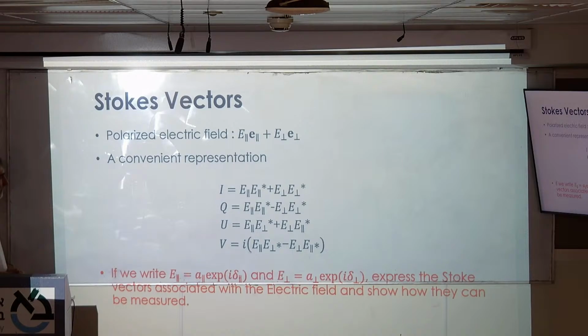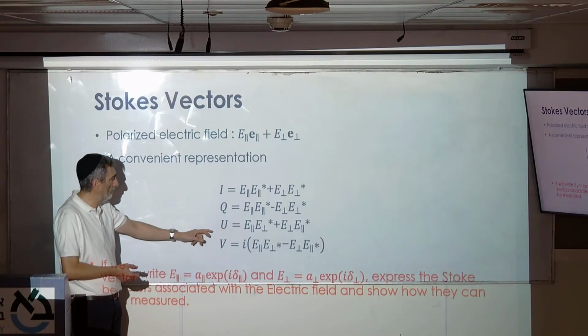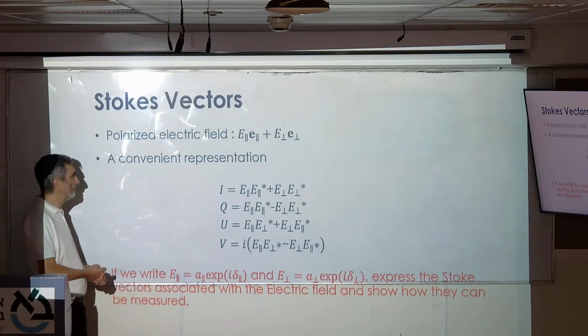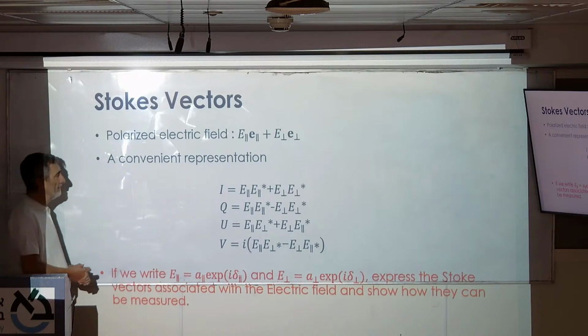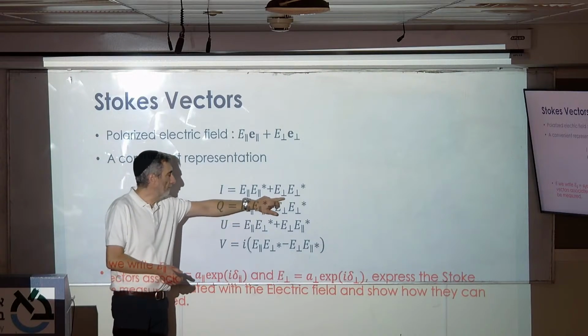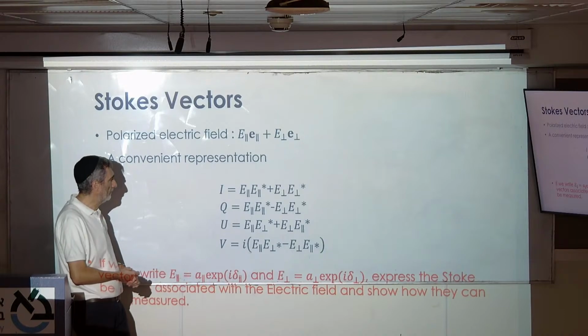Q is the difference of the two. U is a mixture of the two here, and V is also a mixture, with the minus term here and the I. So all these 4 parameters are numbers that you can effectively measure.